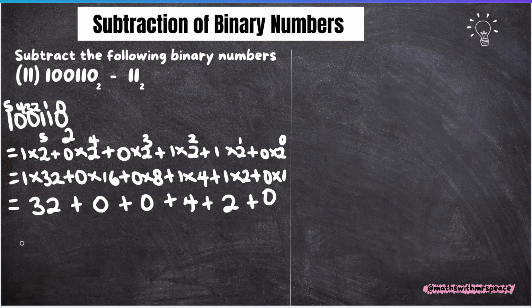Next, we are going to add. We have 32 plus 4, which is 36, and 36 plus 2, which will give us 38.